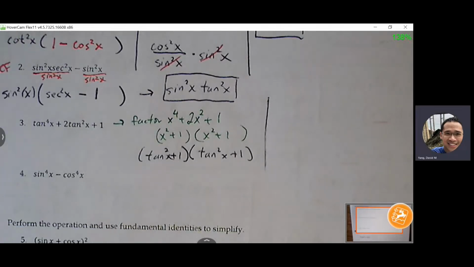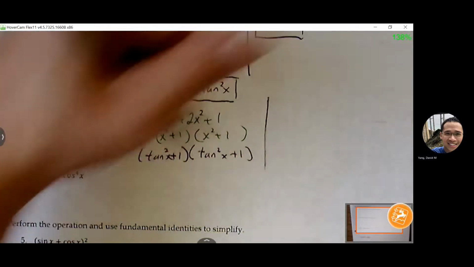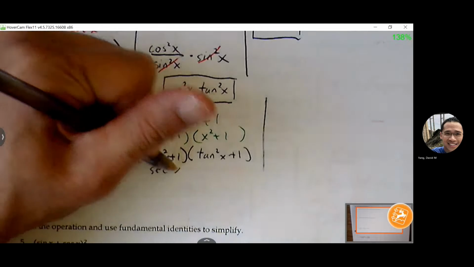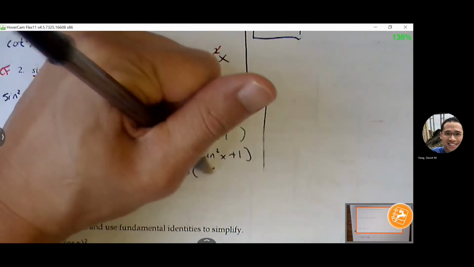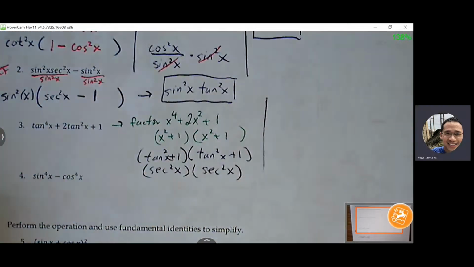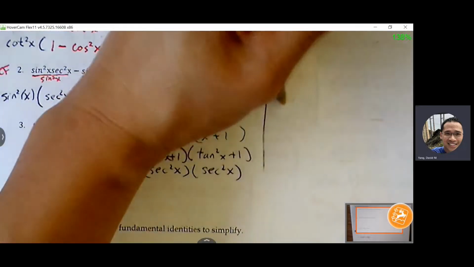What's tangent squared plus 1? Secant squared, yep. Secant squared, we get secant to the 4th.